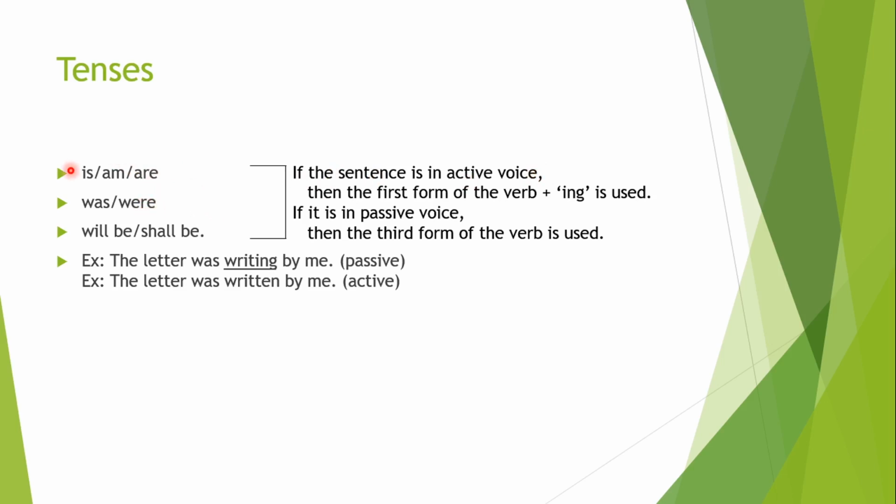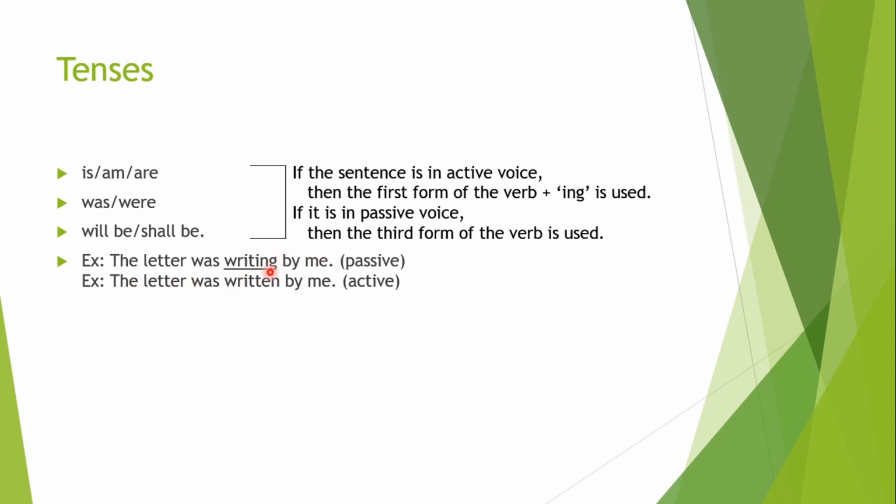Okay, if the sentence is in active voice, then you will use the first form of the verb plus ing form of the verb. But if the sentence is in passive voice, then you will not use the first form of the verb. In place of first form of the verb, you will use the third form of the verb. Now see the example. The letter was writing by me.